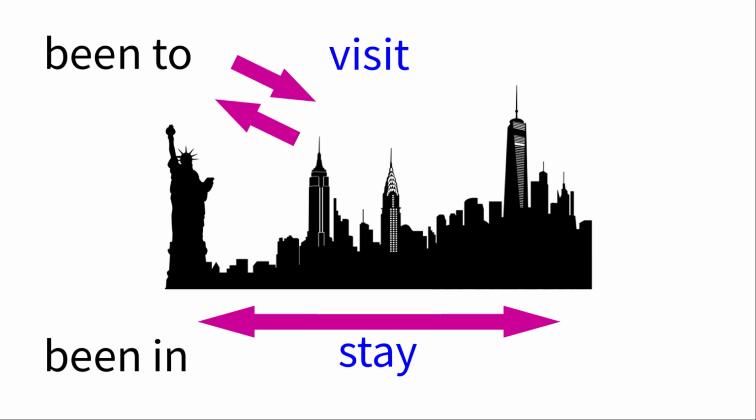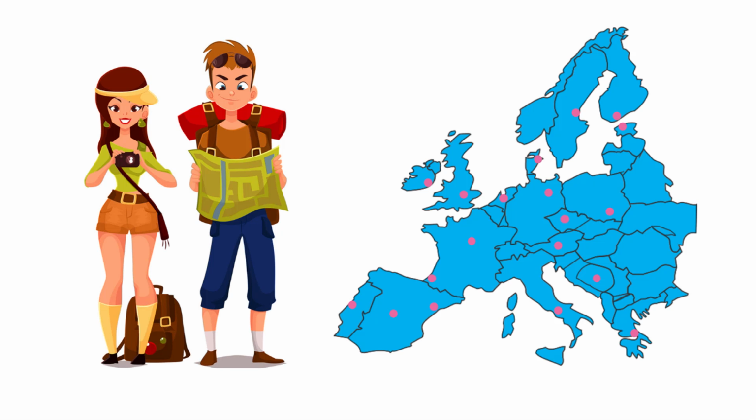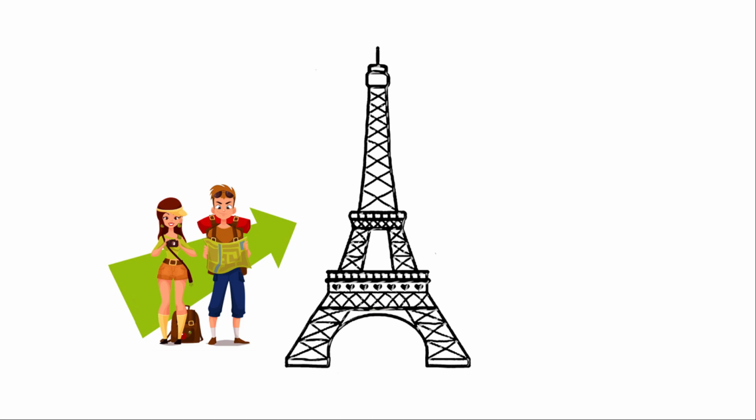Been to is very closely related to gone to. Let's have a look at these examples. Here we have Maria and Bob, two American tourists who are in Europe at the moment and they're traveling around. Today, they have gone to Paris.